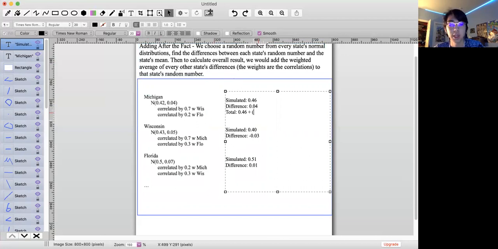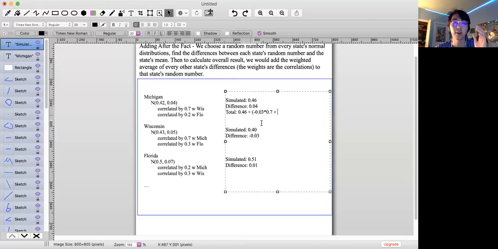Now what that looks like is, let's take Wisconsin's difference, which is negative 0.03, and multiply by Michigan's correlation to Wisconsin. And in this case, that is 0.7.